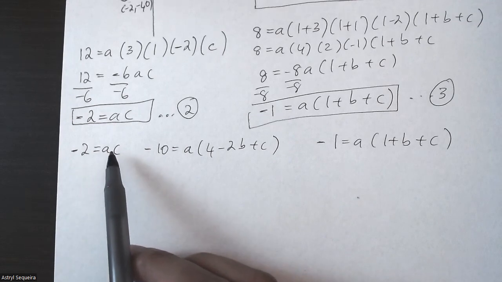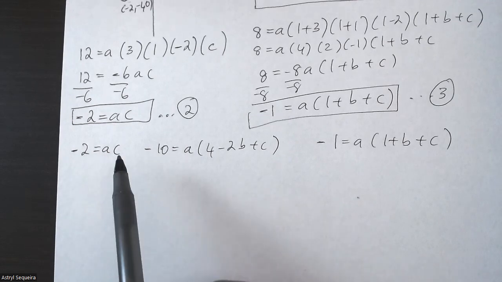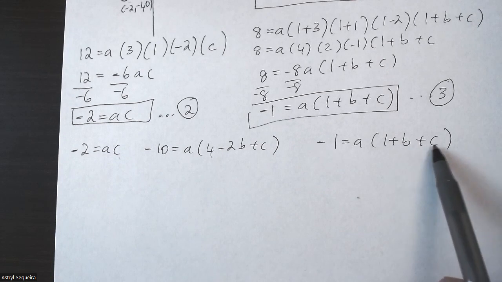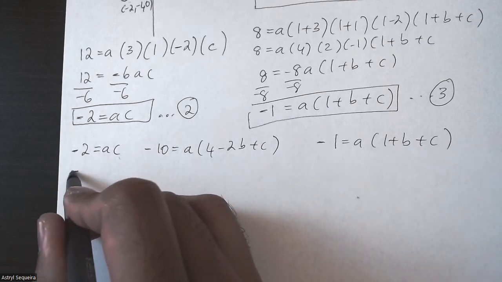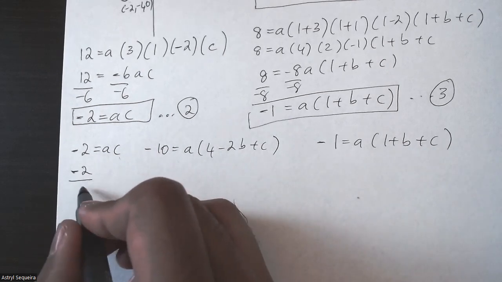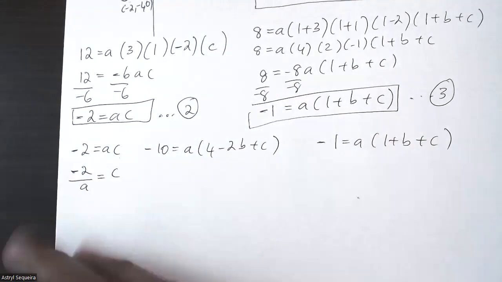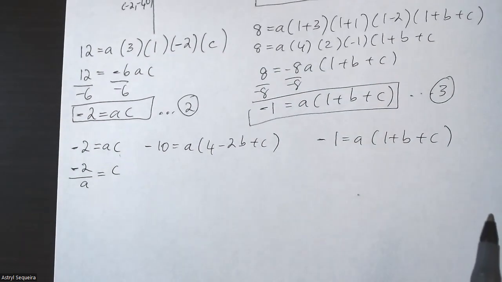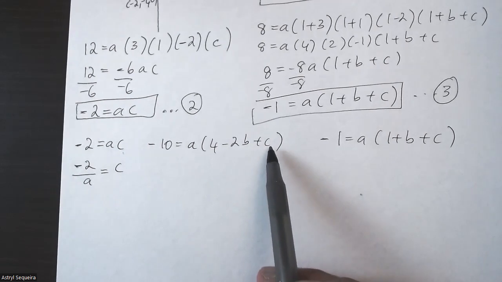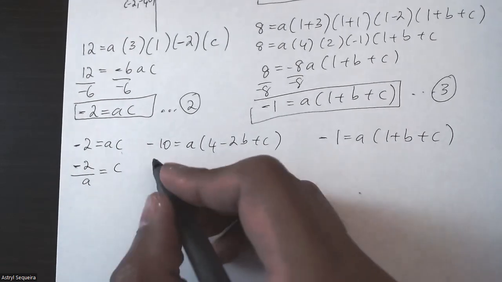I'll start by isolating c in this equation, because then I can substitute c in the bracket. I think that might be easier, not 100% sure. But I'll isolate c. And now I'll substitute c into this equation right over here. I'll replace the c with -2 over a.